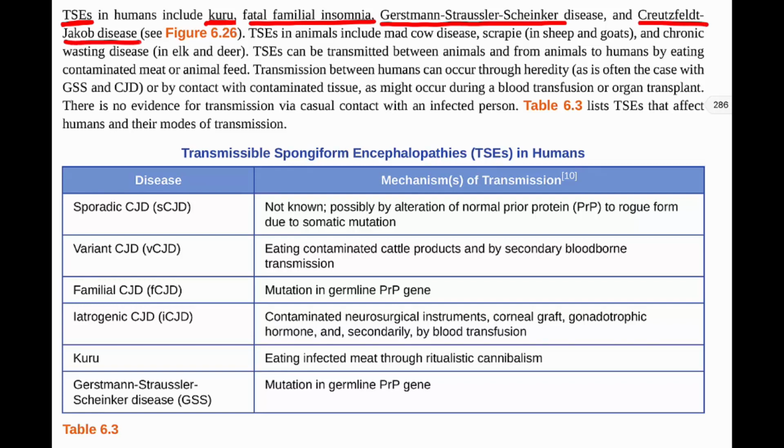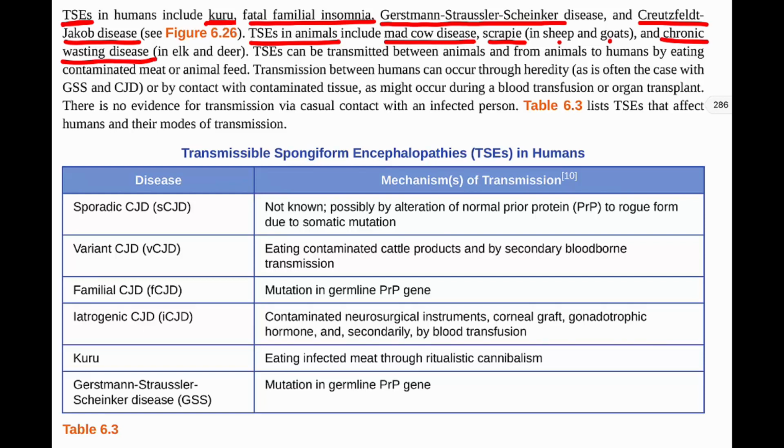So the most common one maybe you've heard of is Creutzfeldt-Jakob disease. It's related to the TSEs in animals, including mad cow disease, and scrapie, which is in sheep and goats. And then also we have chronic wasting disease that is in elk and deer. So you should be familiar with these.